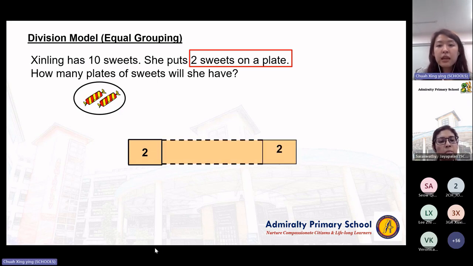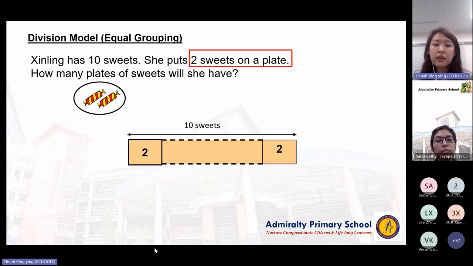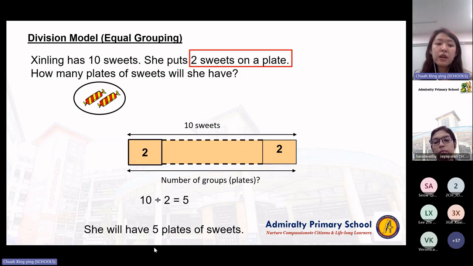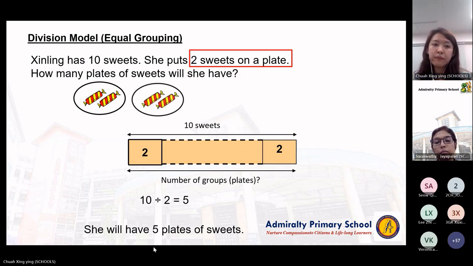We draw the first plate and the last plate. We draw dotted lines because we don't know the number of plates. We label all together there are 10 sweets. We want to find number of groups or plates. 10 divided by 2 equals 5. She will have 5 plates of sweets.